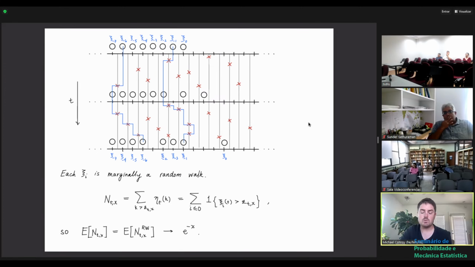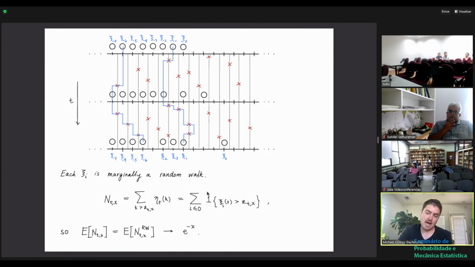We can just as well represent the number of particles beyond Z at time t in terms of the occupation variables, as well as in terms of the number of stirring variables that have gone beyond Z. So they aren't associated with the same particle in the dynamics, but there is one per particle.